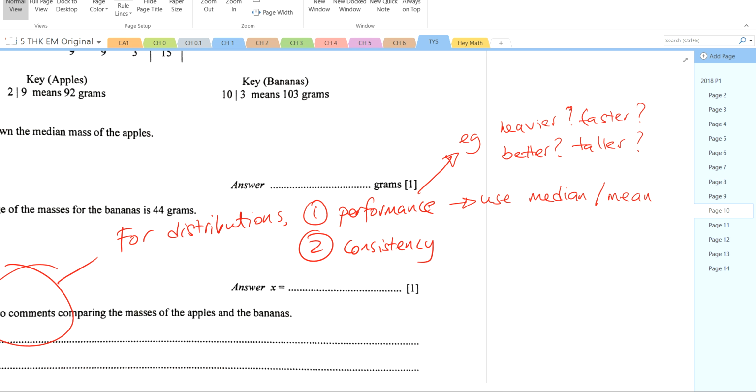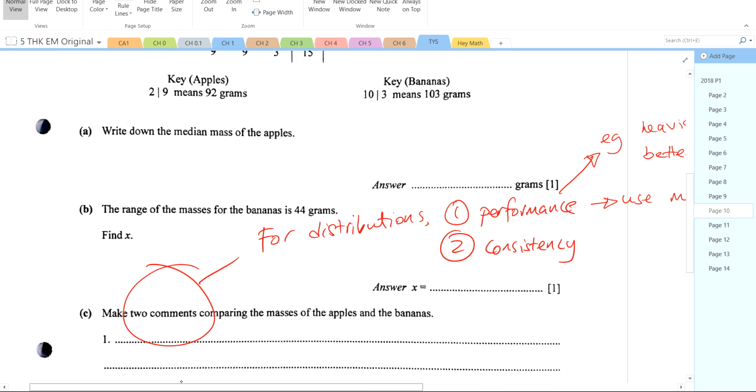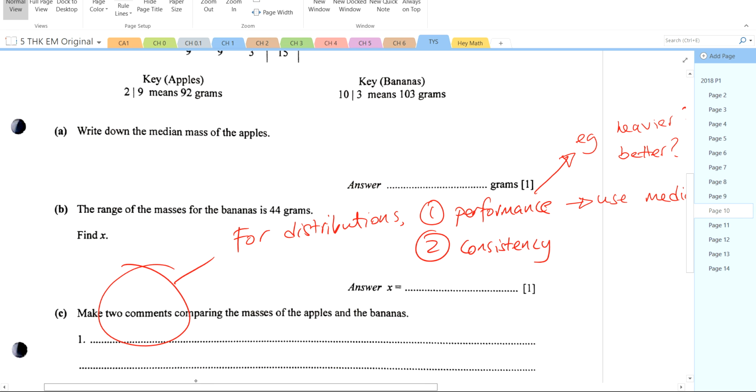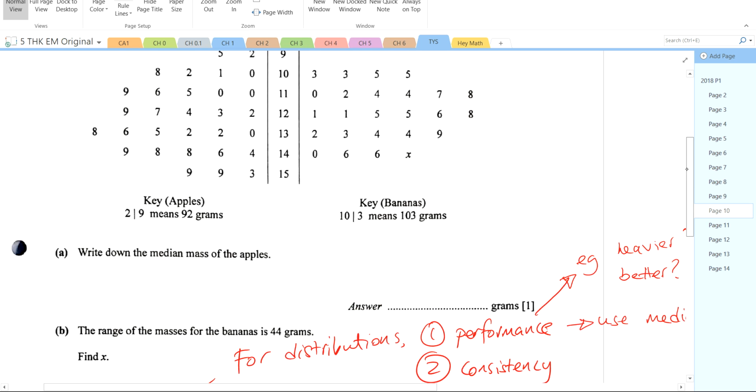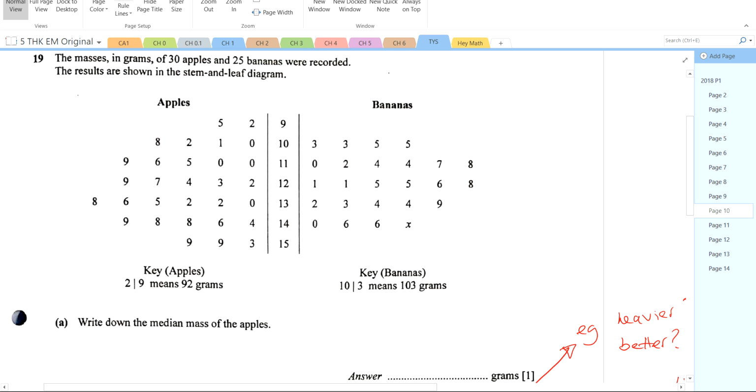So in this case, what are we comparing? Masses of apples and bananas. Are we able to get a median for both of them? We have the median. The median for apples is 128 grams.